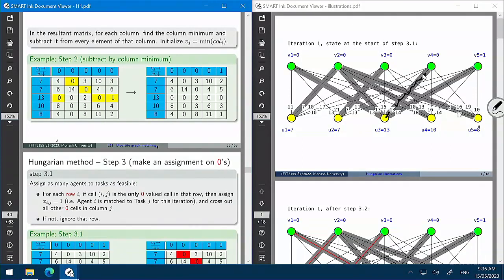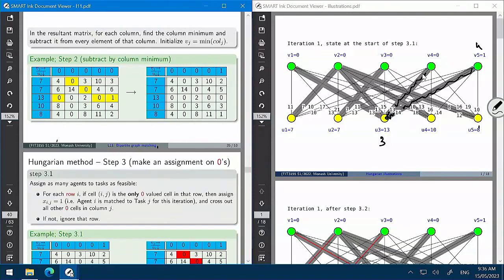Cij equals Ui plus Vj. Let's take another example. Let's take that edge, third row, fourth column. What's the original cost of that? Cij is 14. What is Ui? 13. What is Vj? 1. Cij equals Ui plus Vj, isn't it?